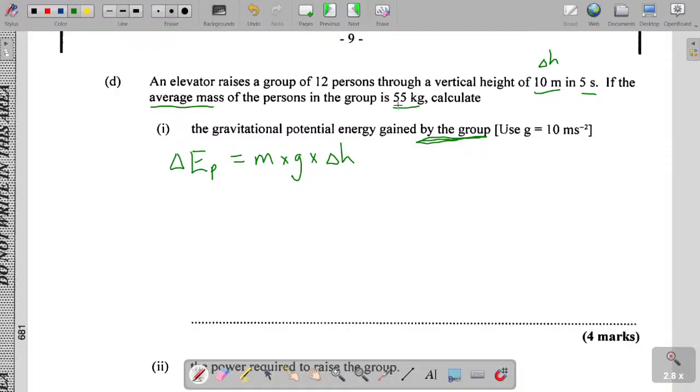So that means we would need to find out what the total mass is in order to work out this question, and they've given us g in the question as well. So let us first work out the total mass. If one person has an average of 55 kilograms, that means for 12 persons it's going to be 12 times 55, right?